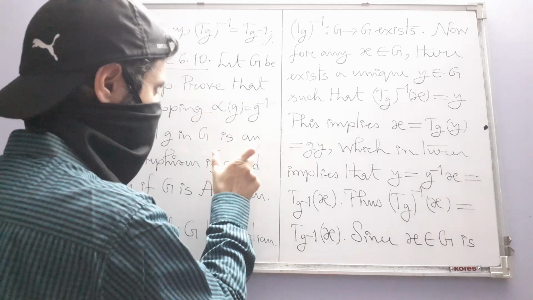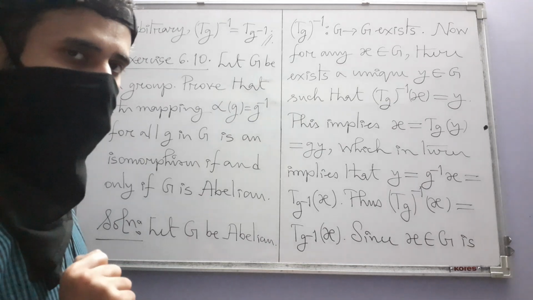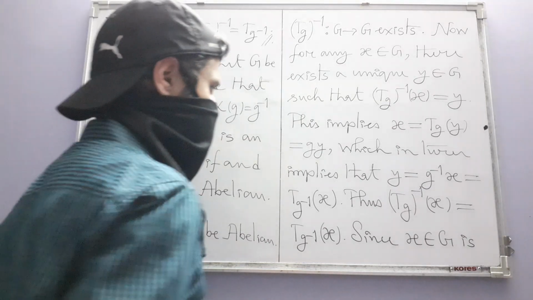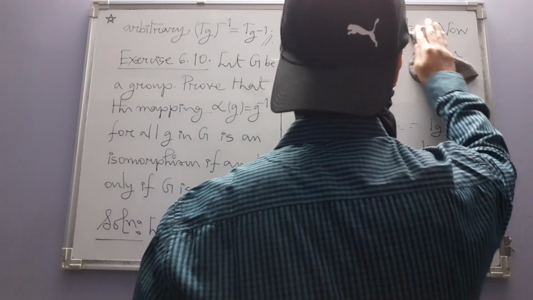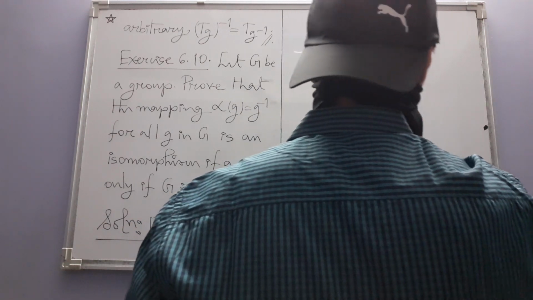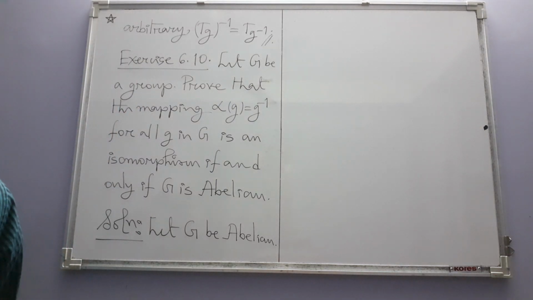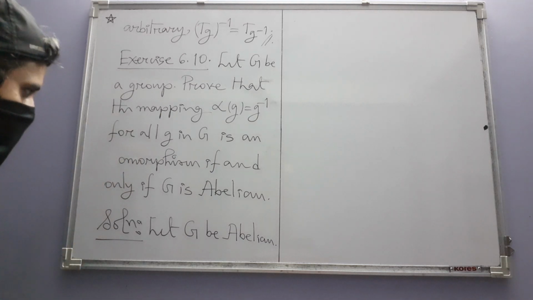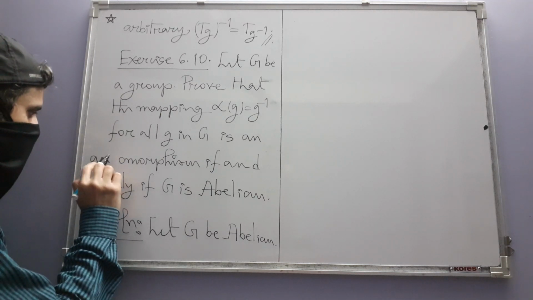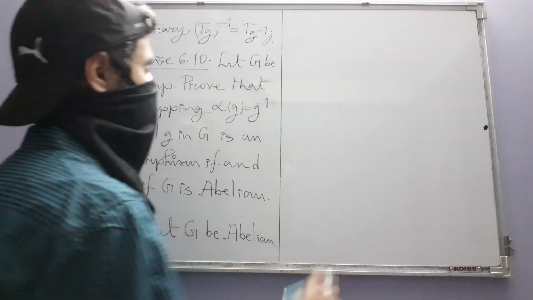So because of these two things, alpha is a well defined map, and so it is actually a mapping. And now we have assumed that G is abelian. We now have to prove that alpha is an isomorphism. Actually, it's an automorphism, because the group is the same. So let G be abelian.